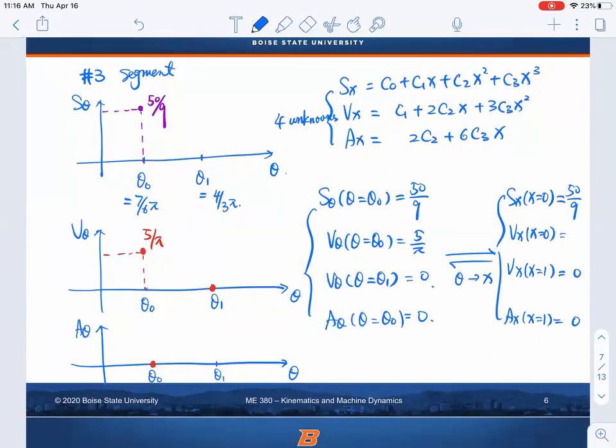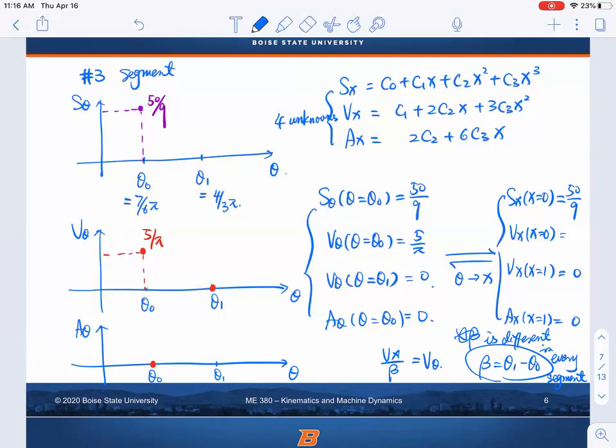So how can we convert that? Your Vx over beta equals V theta. Remember that your beta is theta 1 minus theta naught. Beta is different in every segment, so you have to calculate your beta in each and every segment.